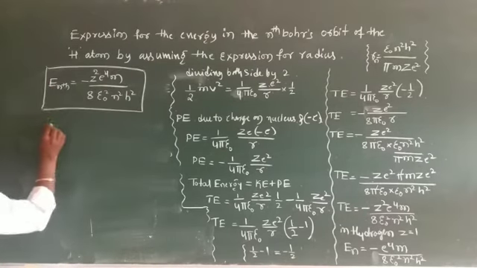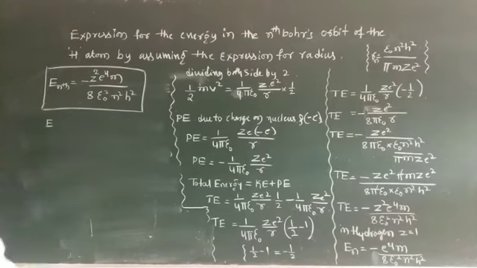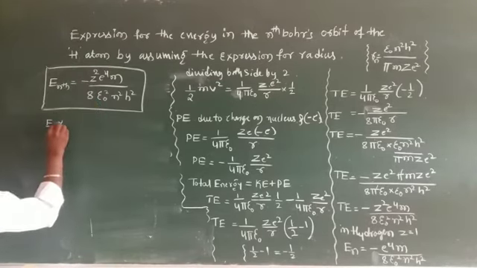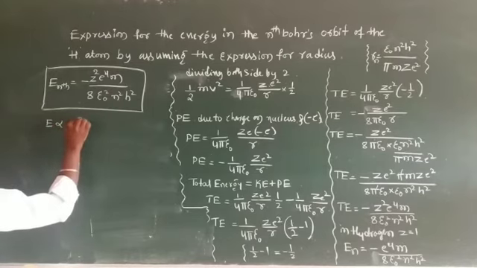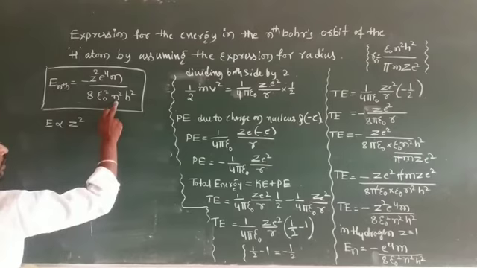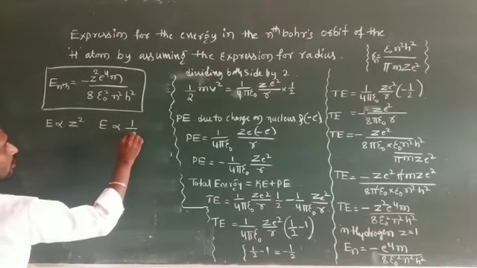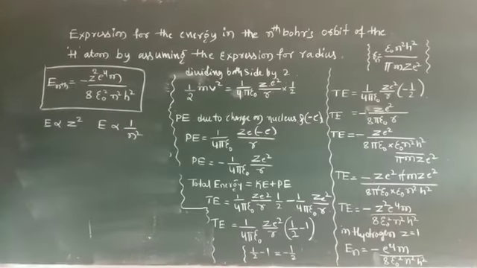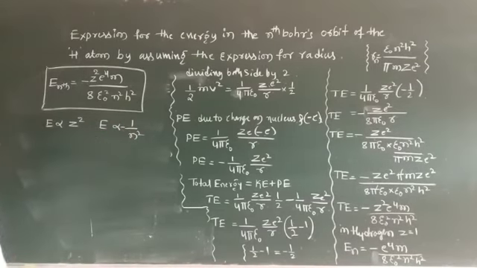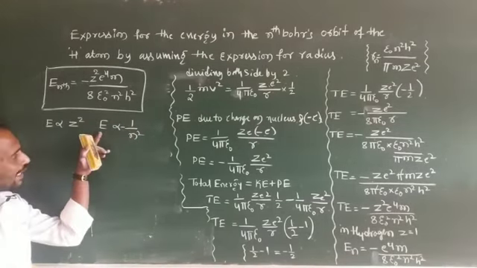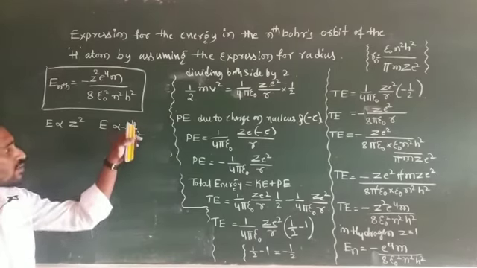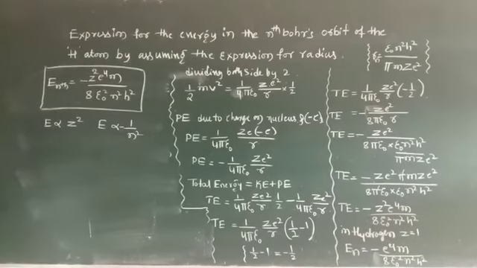This energy is directly proportional to Z square, and energy is inversely proportional to n square. Here we consider the negative sign, so the energy of the nth orbit is directly proportional to minus 1 by n square.